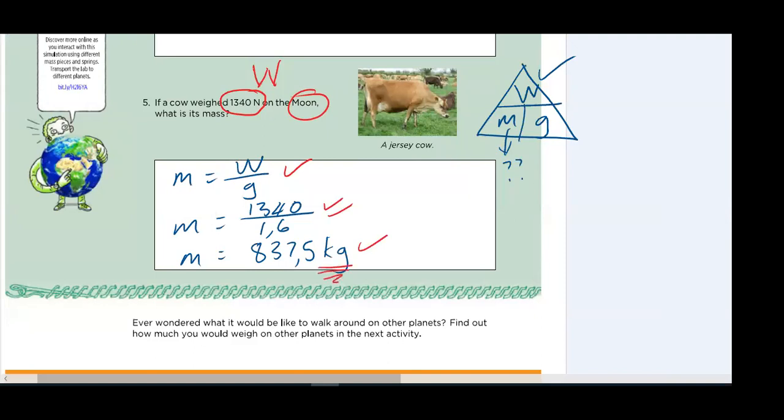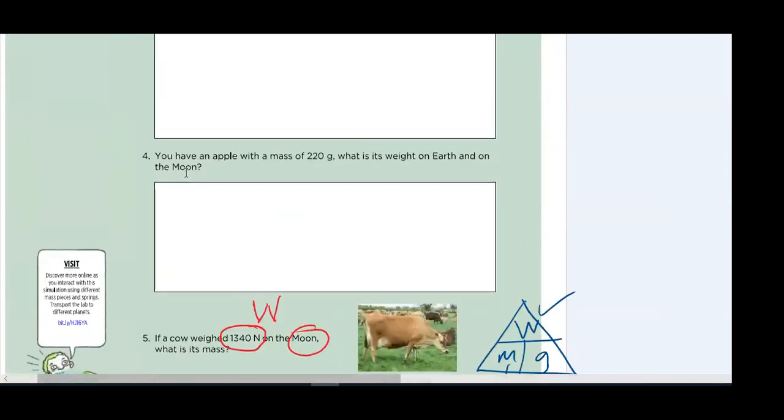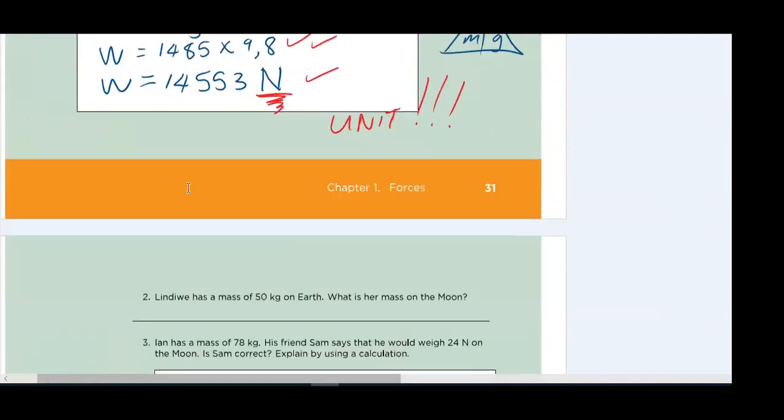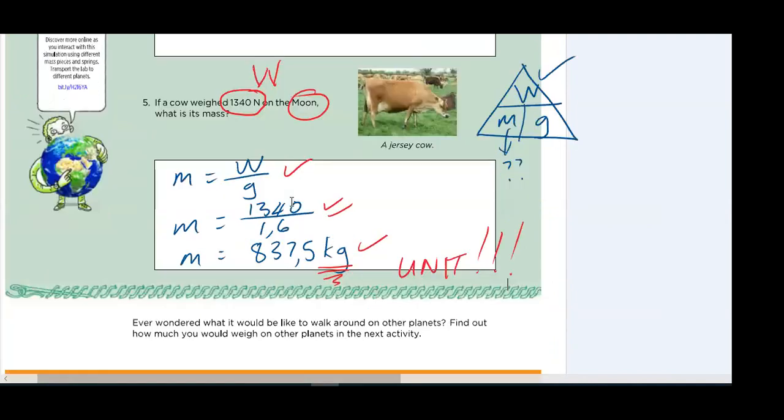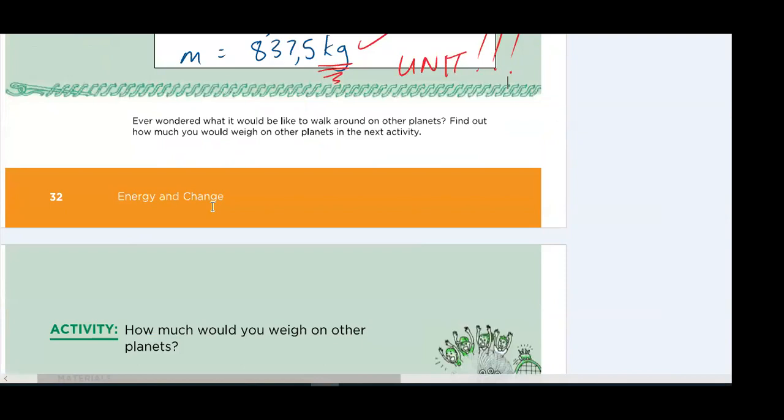We only get the final mark if we have the unit. And that's how we deal with that. The rest of the questions, I'm going to let you try. That's questions 1 and 5 I've done, and you can see why I've done question 5, because it's just a different way of manipulating that formula.